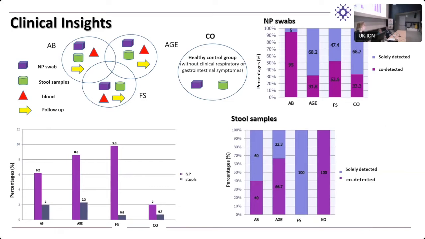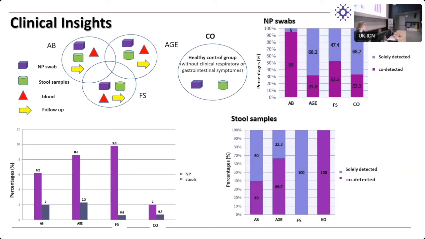The prospective study was more clinically based. So we included, as I already said, children under 6 years old, and we included children with 3 clinical presentations: children with acute bronchiolitis, acute gastroenteritis, and febrile seizures.